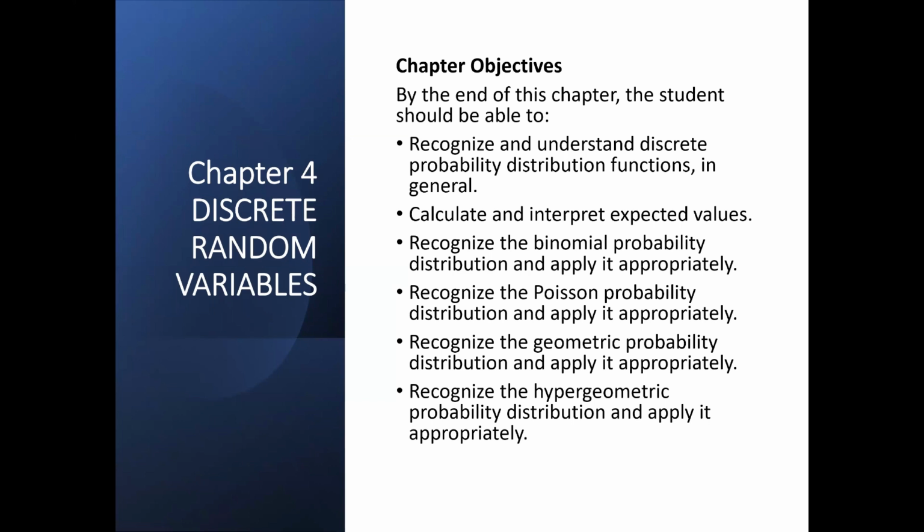Recognize the binomial. So the first discrete probability distribution we look at, other than the general ones like rolling the die, is the binomial distribution. You can do that on your calculator. And isn't it nice that someone came up with formulas for the binomial distribution, which we'll discuss later?